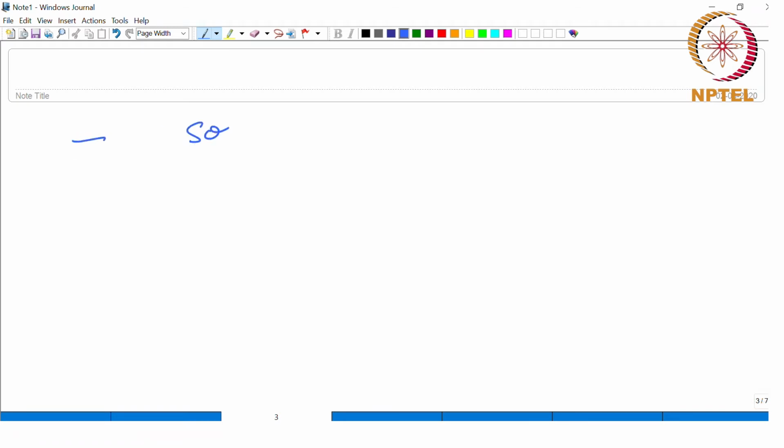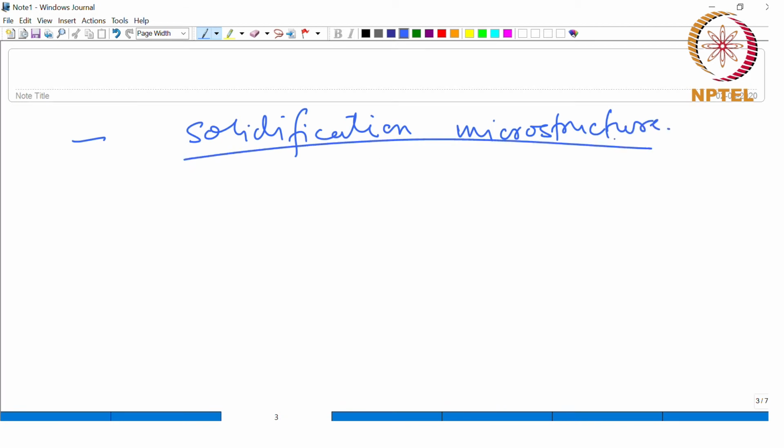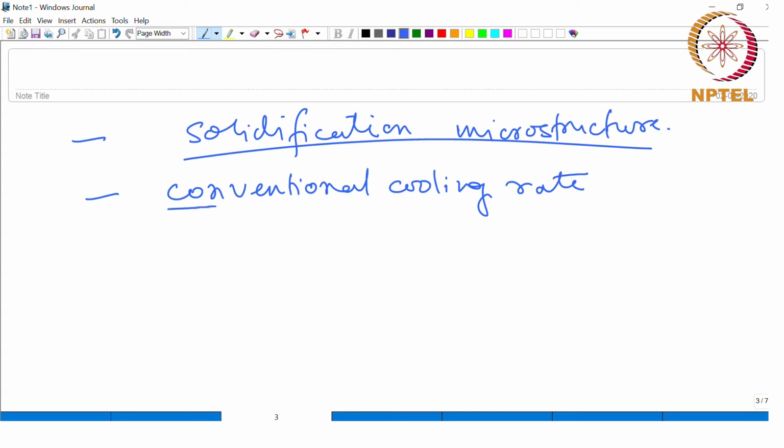In this process of solidification, the conventional cooling rates, like what you see in normal melting and casting of metals, are in the range of 100 degrees Celsius per second or even lower, right.